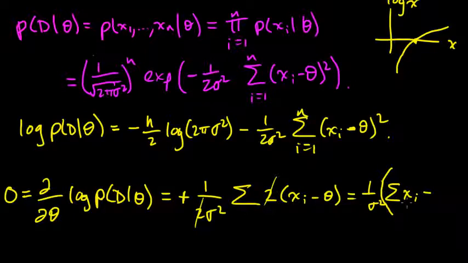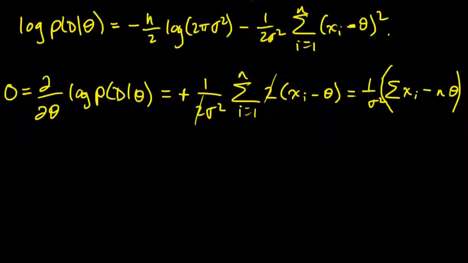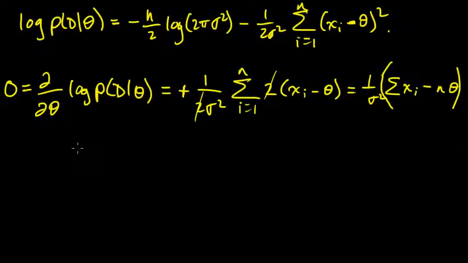So we get the sum over the xi's minus the sum of the thetas, and this is the sum from 1 to n, so that's just n theta. And we can cancel this, because we just have a 0 here, we can multiply both sides by sigma squared. So this just goes away in our maximization.